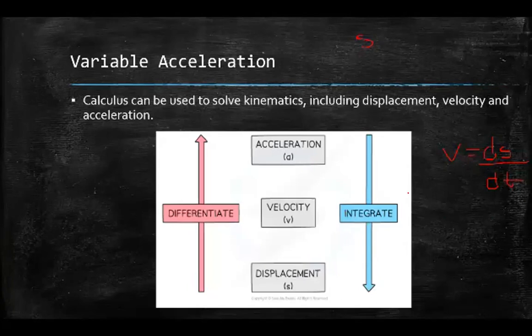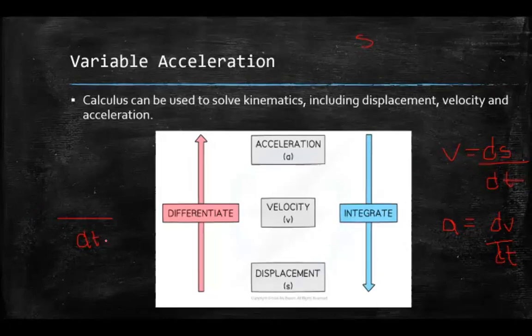Similarly, if I want to find acceleration and they gave me velocity, that's dv on dt. The definition of acceleration is the rate of change of velocity. When we are doing rates, whenever I see the word rate, it's with respect to time, so it's always on dt.